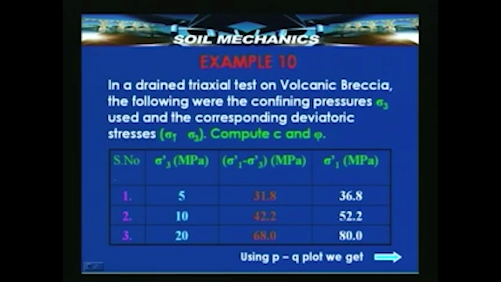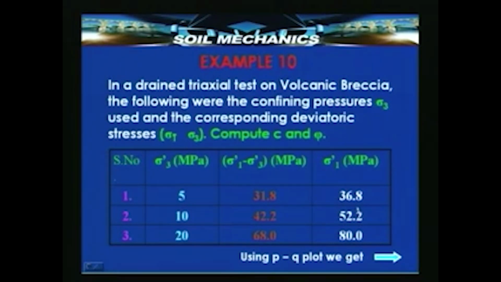So, in a drained triaxial test on a volcanic breccia, we get values of sigma 3 and deviatoric stresses sigma 1 minus sigma 3, which are much higher than what are usually obtained in the case of soils.